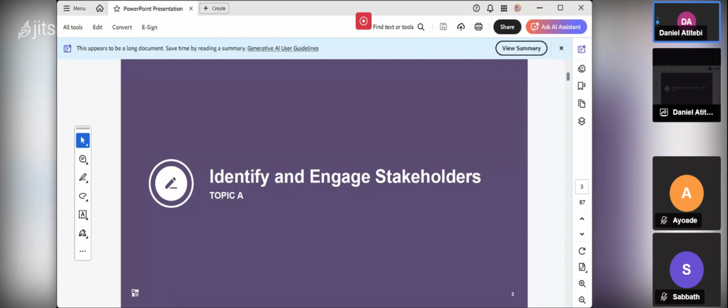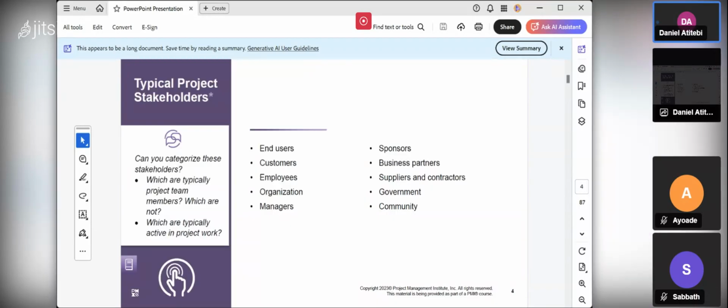So that was topic A, identifying and engaging the stakeholders. Before we start, we should know who stakeholders are. Stakeholders are the group of people or organizations who impact your project, who make decisions that can affect your project, or the outcome of your project will affect them.